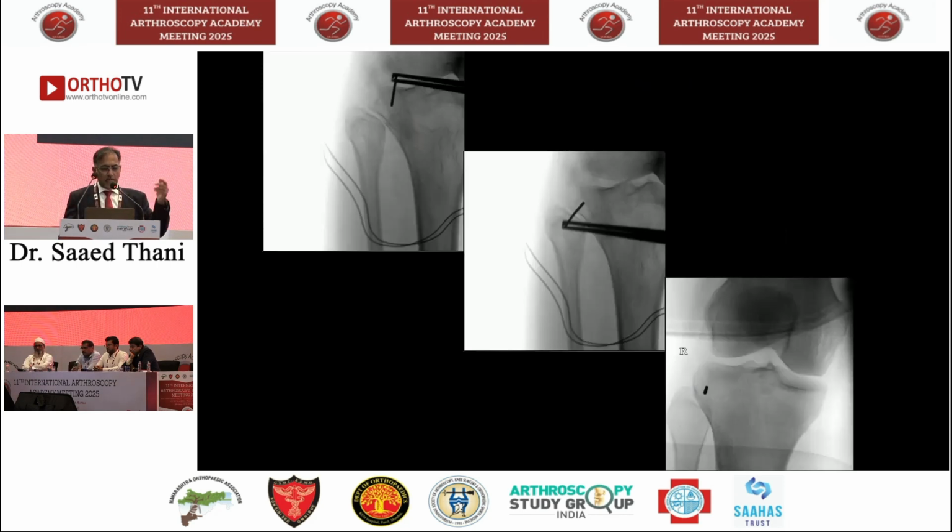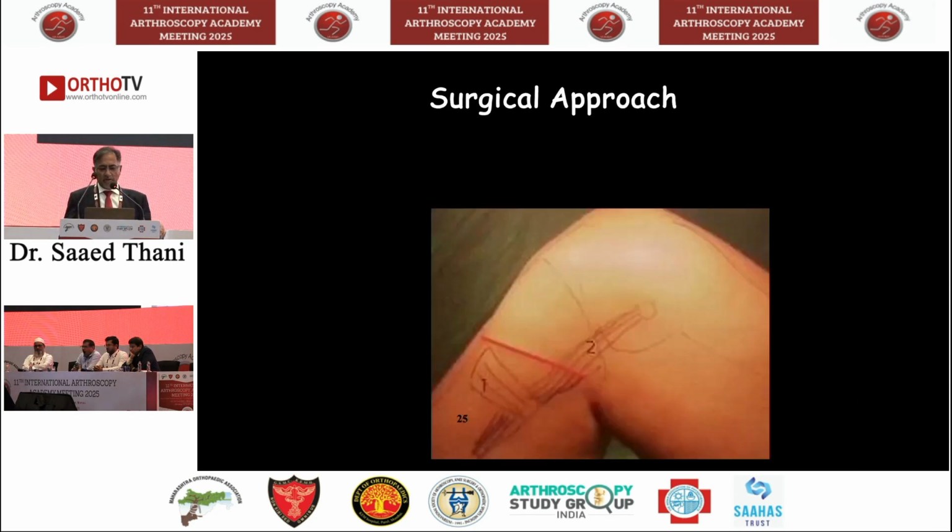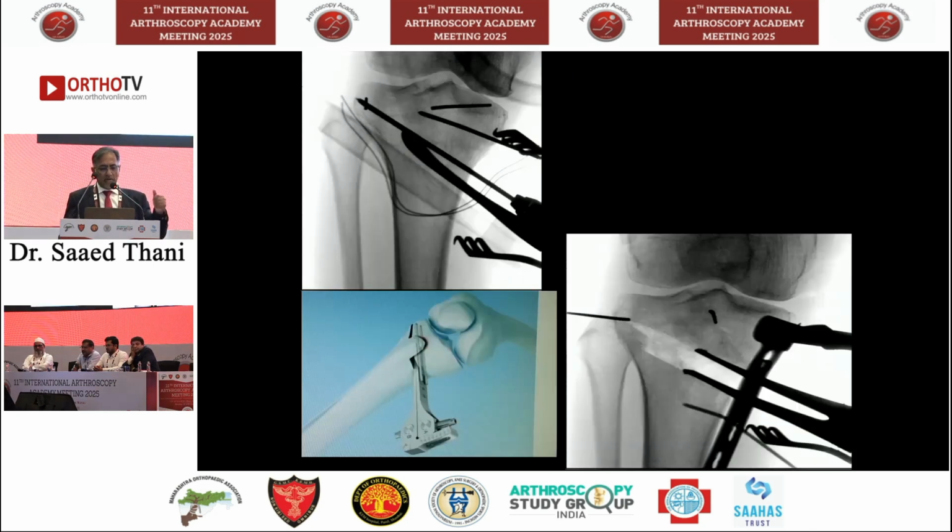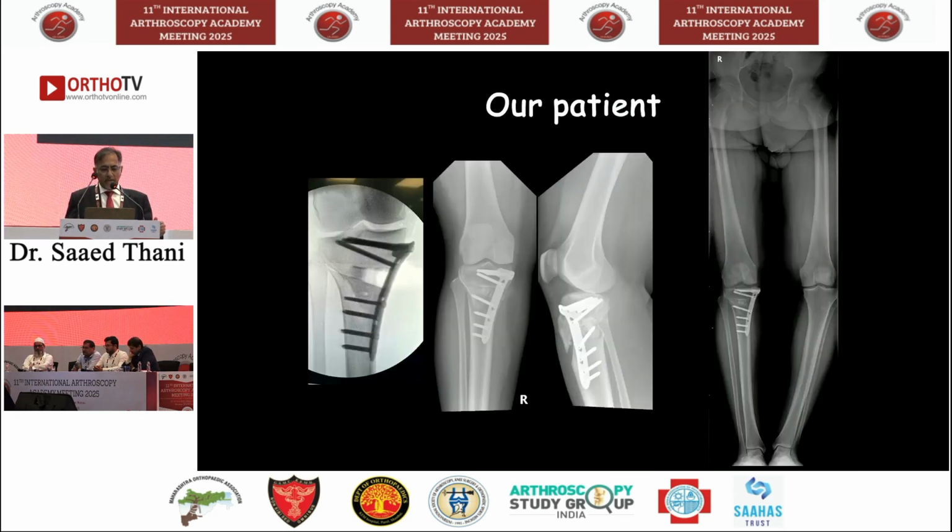So we talked about this just now, so I don't need to repeat it. That's on the surgery. So what we did with him, we went medially, we did an open wedge. We broke the lateral cortex because it's a huge correction. And we felt that the TomoFix plate medially is good.